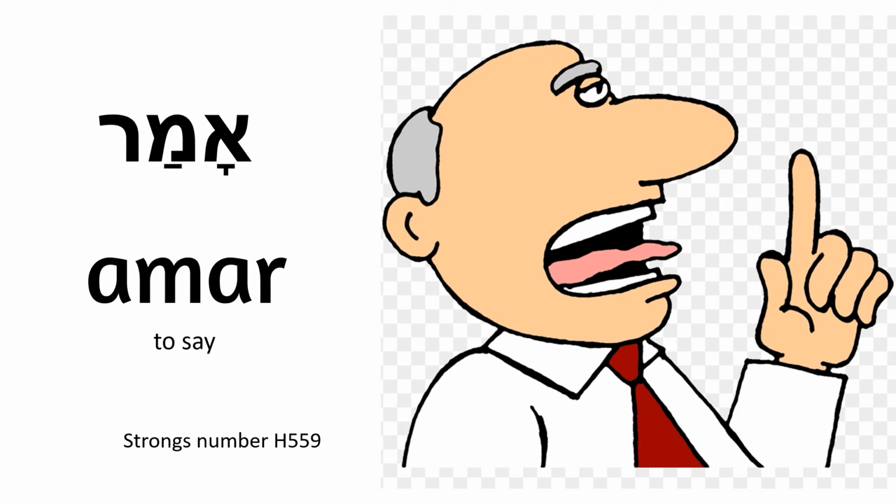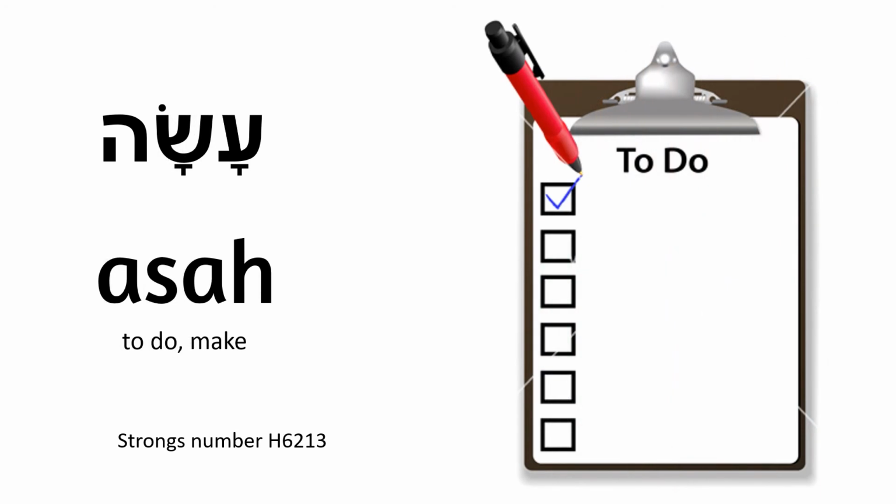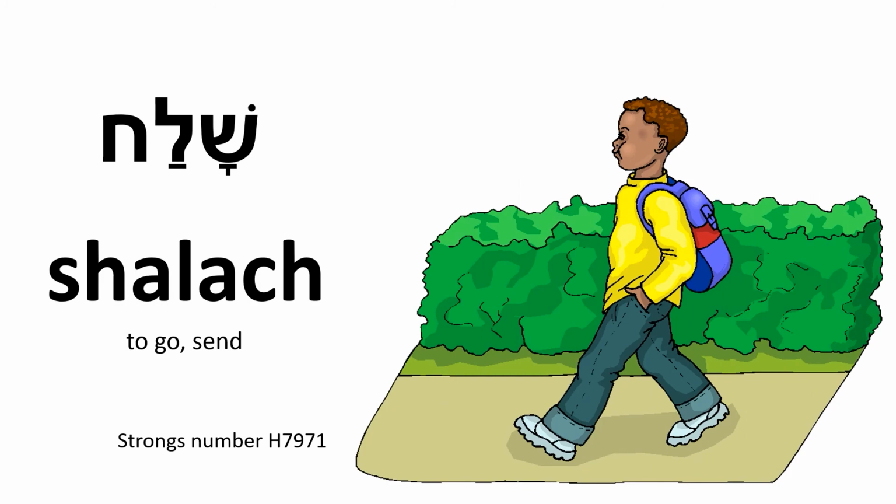So let's go over those again. I'm going to say the roots, and then you guys repeat after me, so you can remember these roots as well. Get some practice. Amar. Ra'ah. Asah. Shalach.